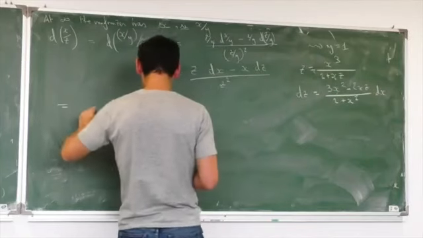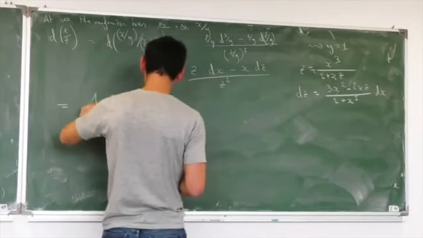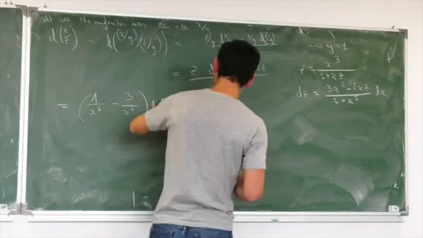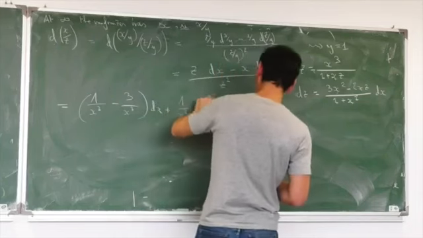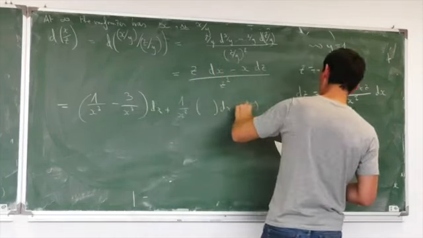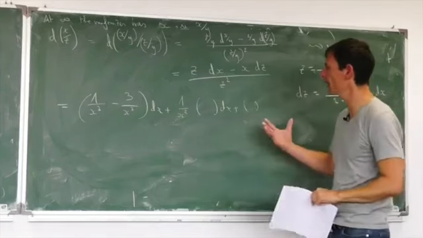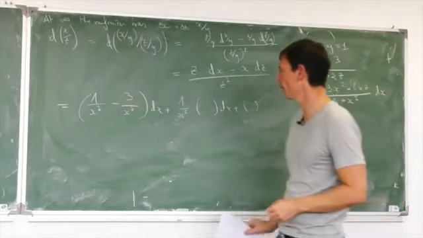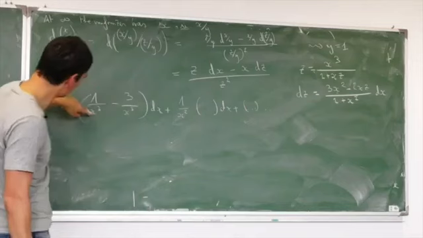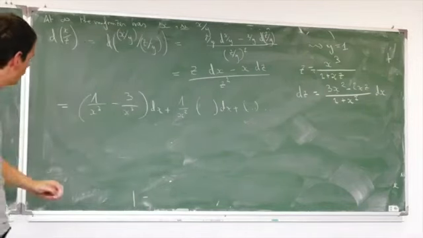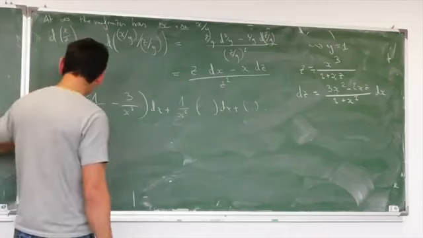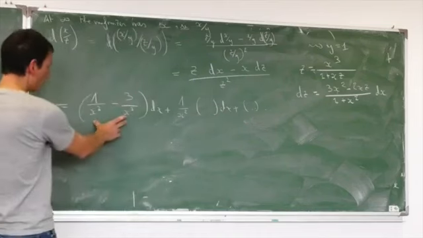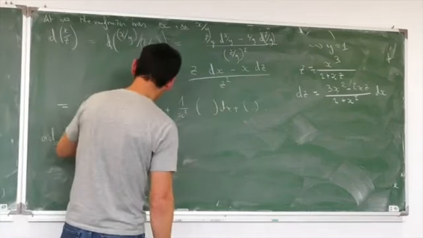And I found that this expression is going to be 1 over x cubed minus 3 over x cubed dx plus 1 over x squared something dx plus and so on. The idea is really to separate things by the orders of the highest degree of the poles. And here what I find is that as I'm not in characteristic 2, there is always a pole of order 3. So the order of dx at infinity is the order of this function, which is minus 3.